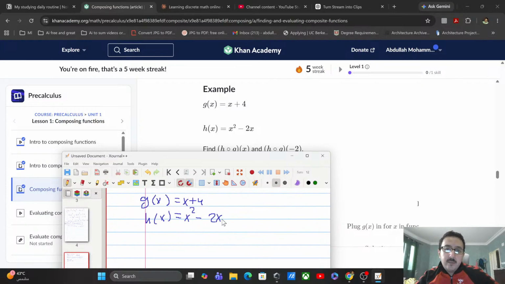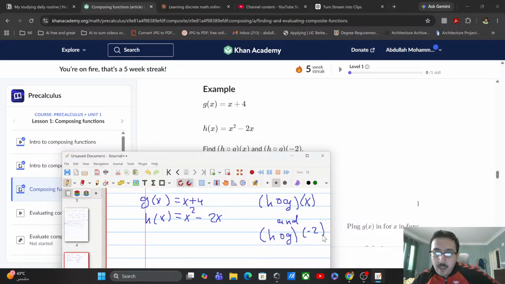Then we got g over x, and h is 2. So what do we have here?